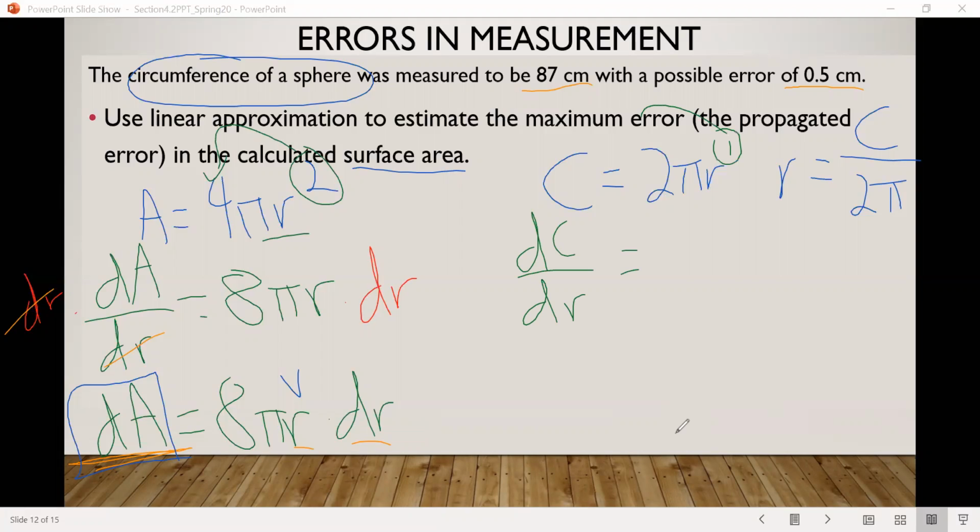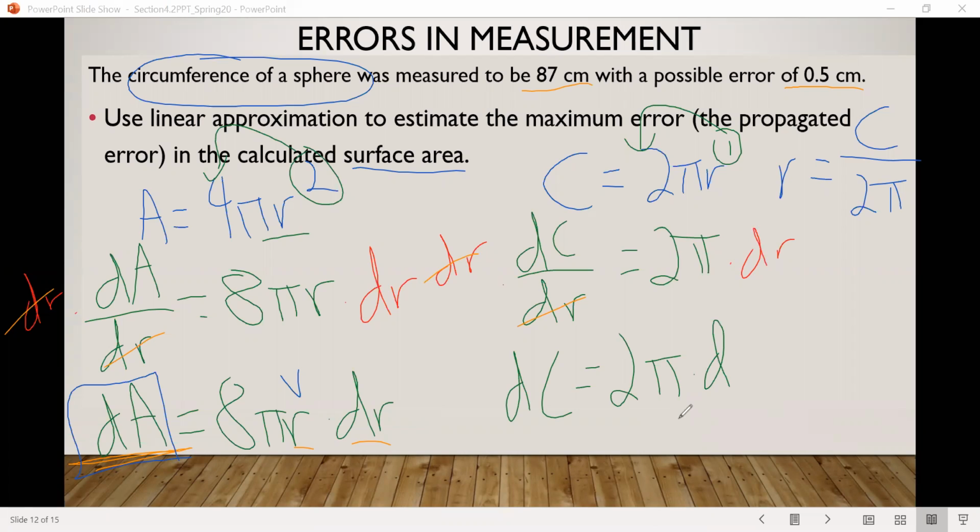We can bring that down, subtract 1, and we'll end up with r to the 0, which is just 1. So it looks like we end up with just 2 pi there. And then again, like we did with the equation for dA, we can multiply by dr on both sides. So these will cancel, and we end up with dC equals 2 pi times dr.